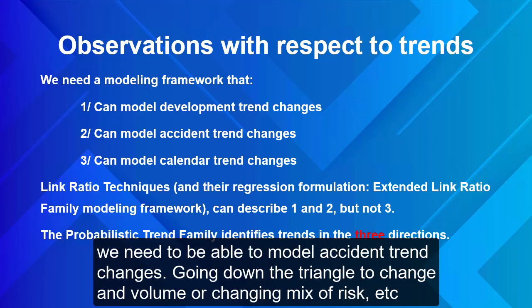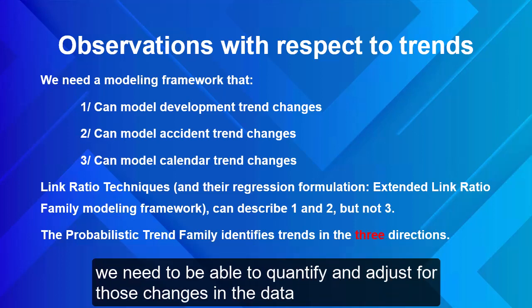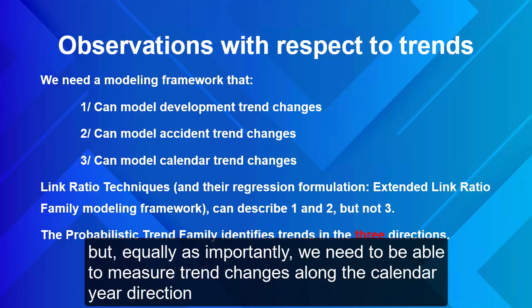We need to be able to model accident year trend changes. So going down the triangle, if there's a change in volume or change in mix of risk or something like that, then we need to be able to quantify and adjust for those changes in the data. But equally importantly, we need to be able to measure trend changes along the calendar year direction, along the diagonal.